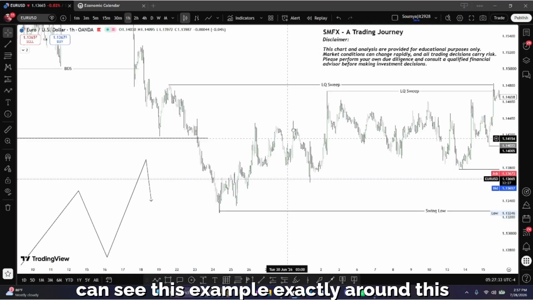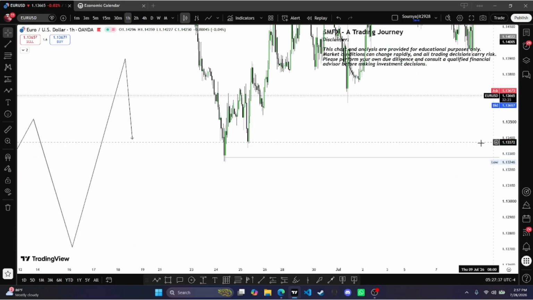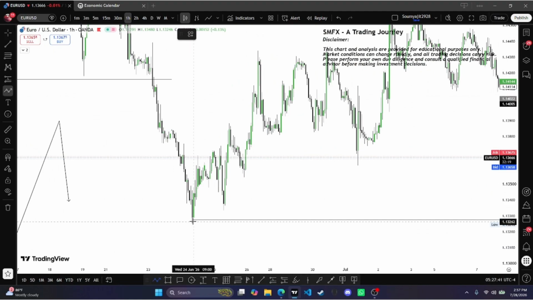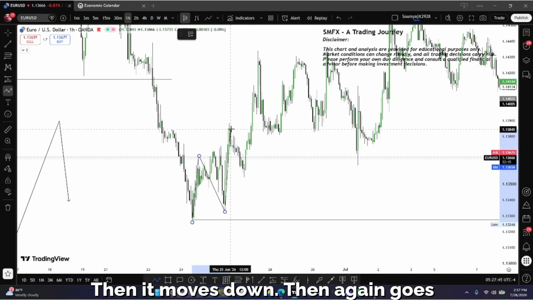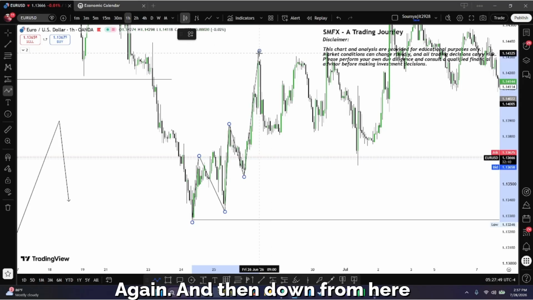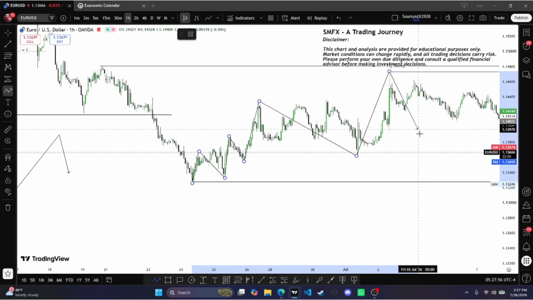Now you can see this example exactly around this area. You can see that the market is going up, then it moves down, then again goes up, down, again up, and then down from here once again, and then makes an upward move.